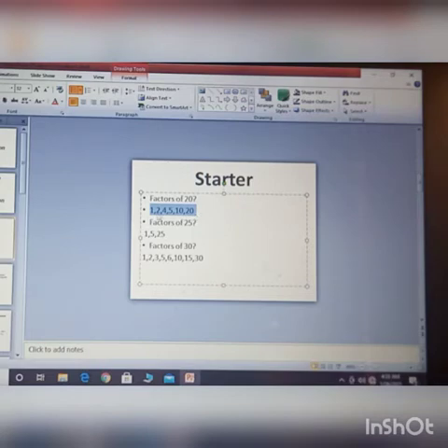Now how this is justified: 1 20 times is 20, 2 10 times is 20, 4 5 times is 20, 5 4 times is 20, 10 2 times is 20, and 20 1 time is 20. So the important thing is that you need to know first what the factors of a number are. In that way you can write all the factors of any number.